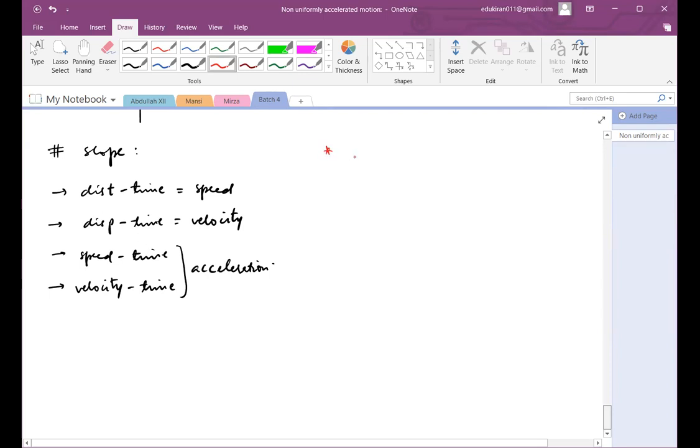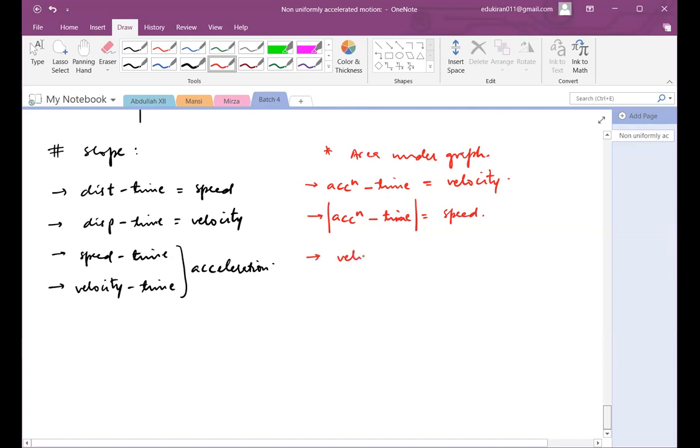Next is area under the graph. First is acceleration versus time. So it will be velocity. And if acceleration versus time mod, it means positive values only, so it will be termed as speed.